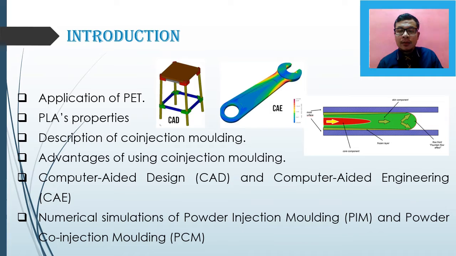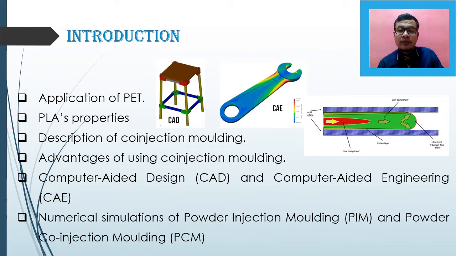Second point is PLA properties, where PLA is a renewable, processable, biocompatible alternative material for biomedical application and energy saving. On the other hand, PLA is brittle and has limited temperature resistance. Third point is the description of co-injection molding, where co-injection molding, known as sandwich molding, creates a sandwich structure which consists of two polymers bonded together.